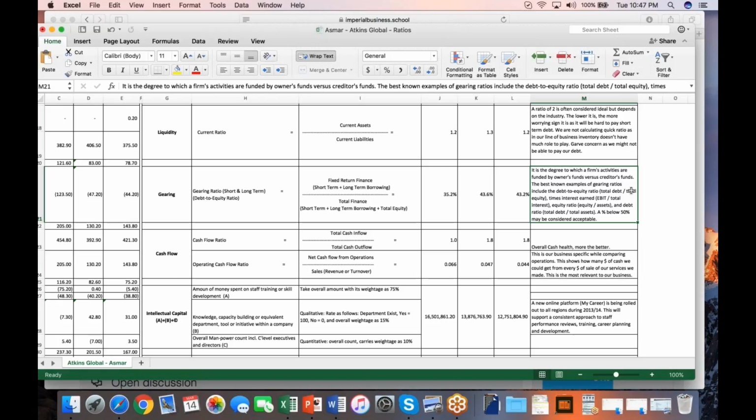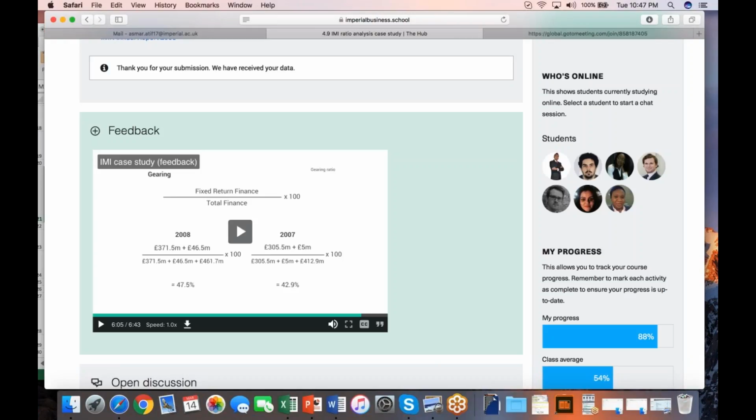Because anything that the firm has to do, it has to be funded by somebody, either by the owner's equity, or by creditors, banks or lenders. One of the best examples is the debt to equity ratio, which is what she is mentioning here: how much debt you have and how much equity plus debt in total.